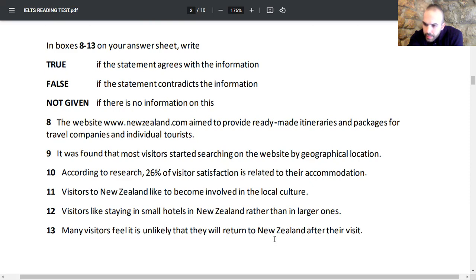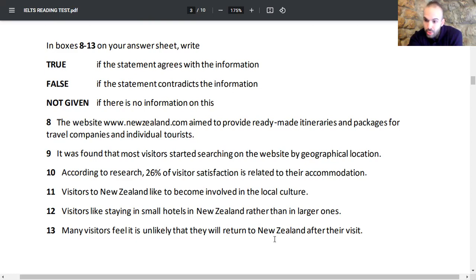Number 10, yes. Number 10 is between 5 and 6, okay? And then we have 11. So number 11 is found in paragraph 6 again. As you can see, most sentences are matching with information in paragraph 6.